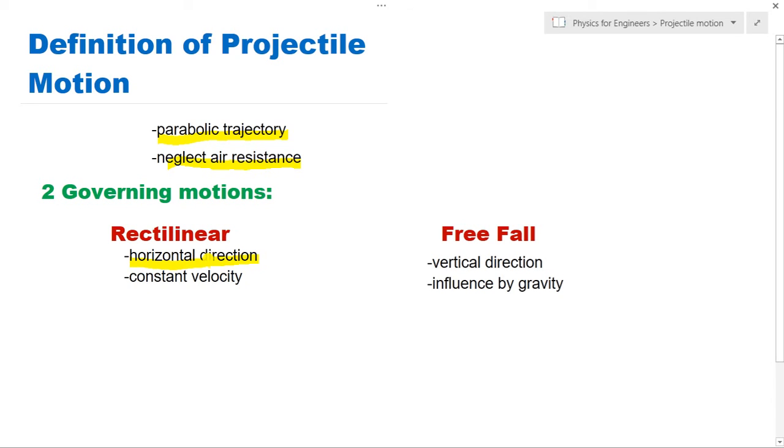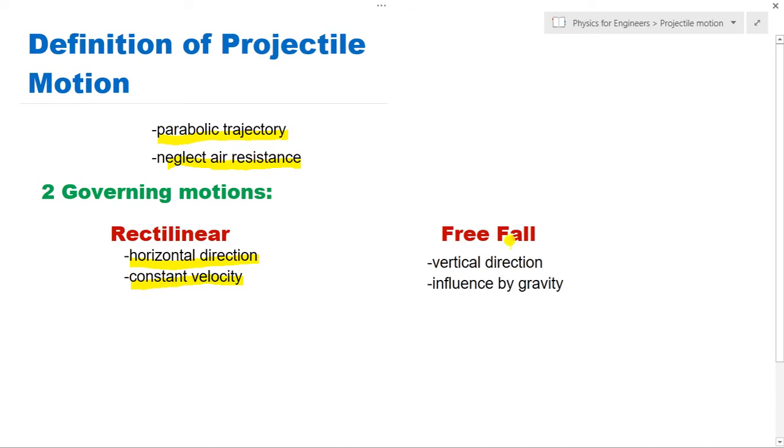And for a rectilinear motion, since meron tayong dalawang types nito, which is the uniform and non-uniform, for projectile motion class, since we neglect air resistance, so let's assume that it has a constant velocity. Therefore, we have a uniform rectilinear motion for our projectile motion.